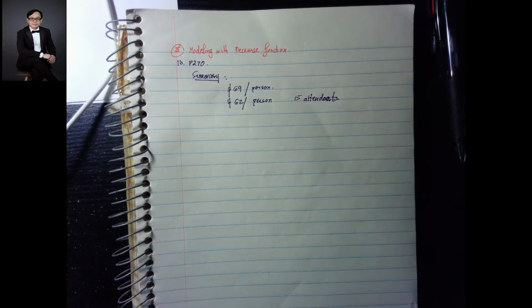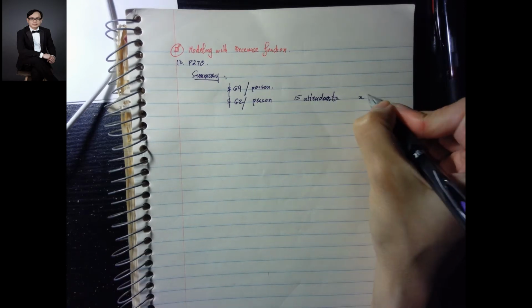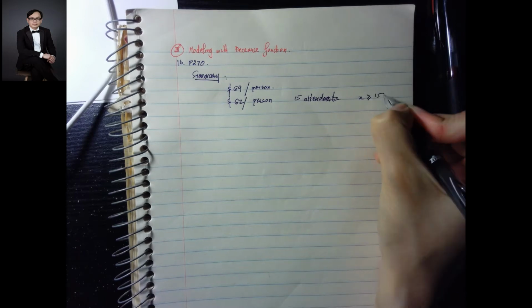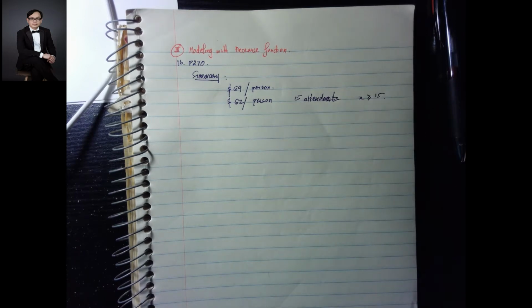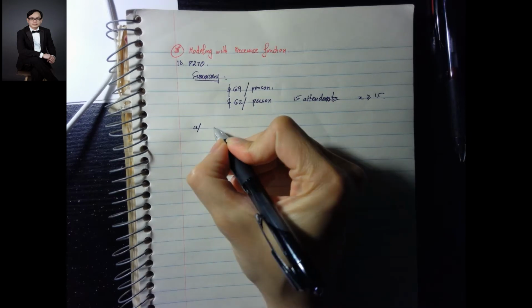And we want to get a piecewise function out of it for x adult tickets. So we have two cases. The first case is $69 per person, and the second case is if x is greater than or equal to 15, there will be $62 per person.